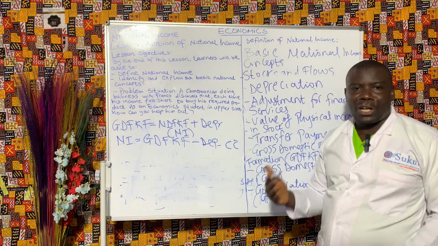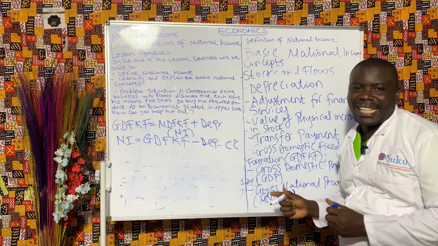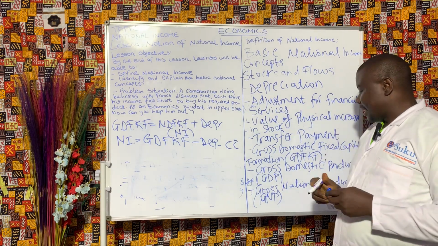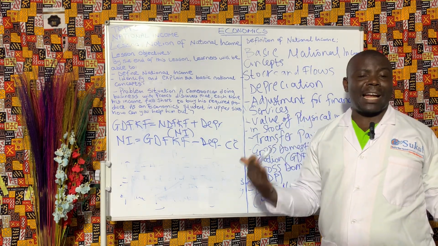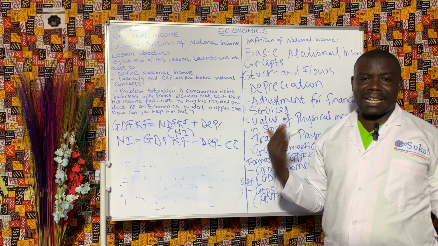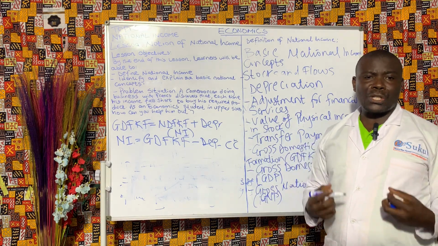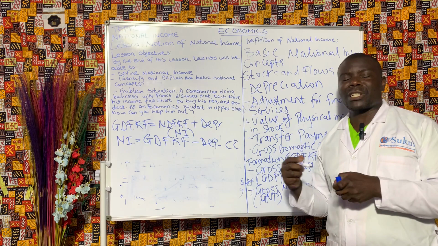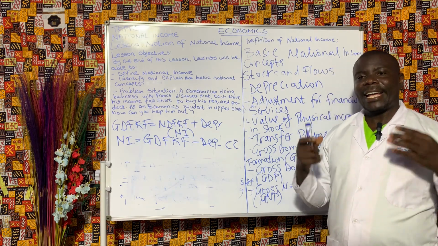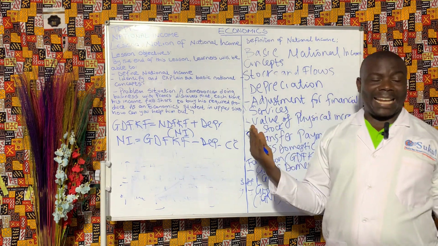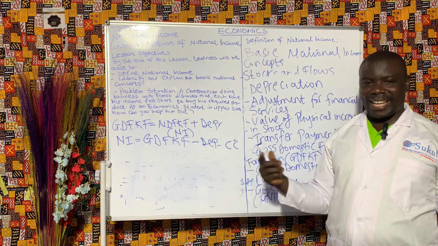Gross national product, or the GNP. It is the total monetary value of goods and services produced by national resources, irrespective of where the resources are located.